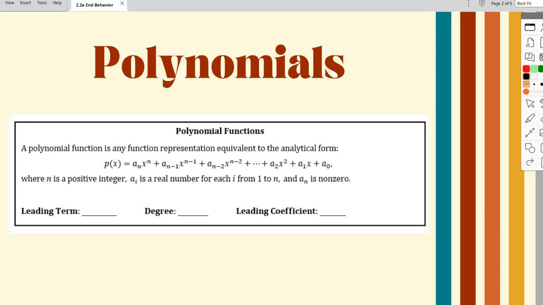And then we start in standard form, so that's what this is called. I start at the biggest exponent and work my way down all the way until the constant, which is a sub 0. Yes. Hopefully that looks vaguely familiar. What would our leading term be?